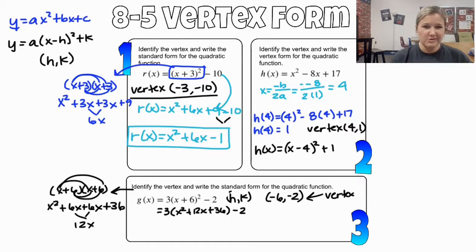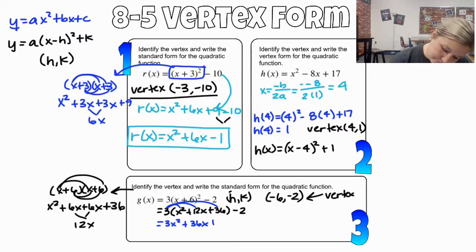So this one requires just one more step because I have that 3 out in front. That doesn't affect the vertex, but it is going to affect my function here. So I'm going to have to distribute here. This 3 is going to be multiplied here, here, and here. So I have 3x squared plus 36x plus 108, and then minus 2.